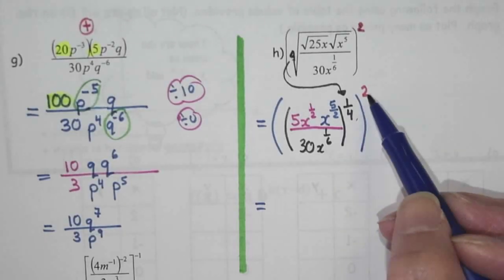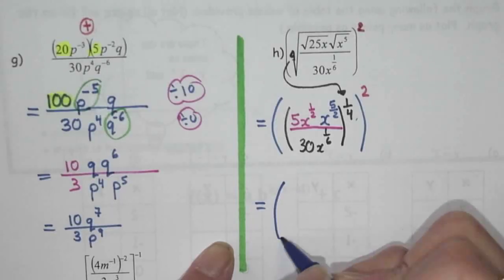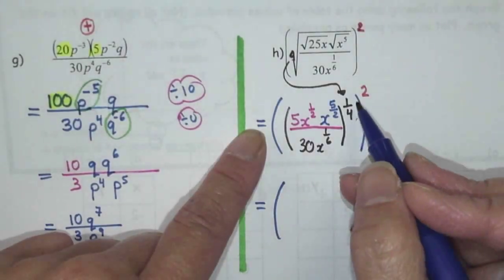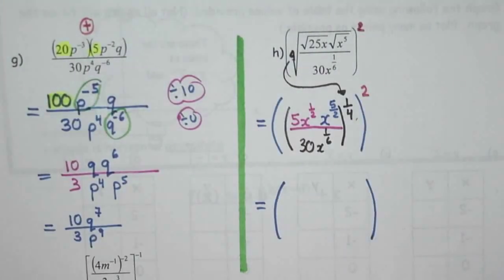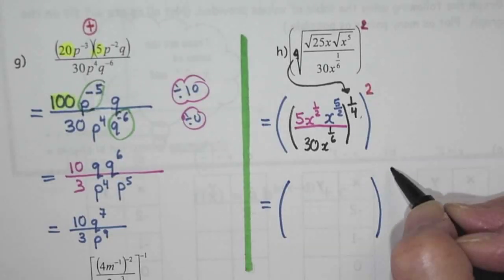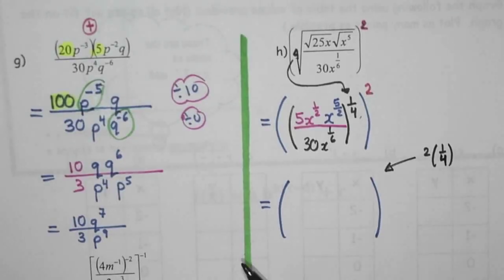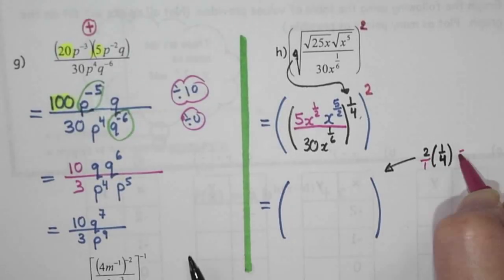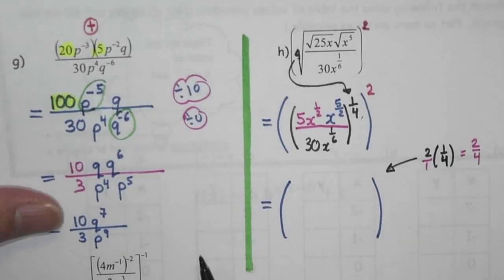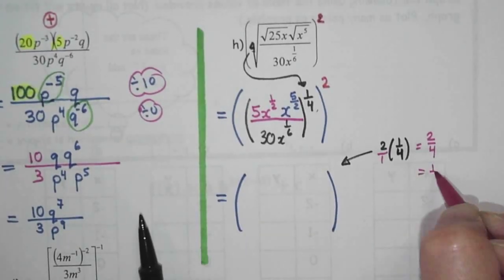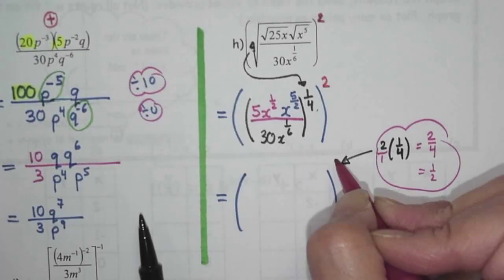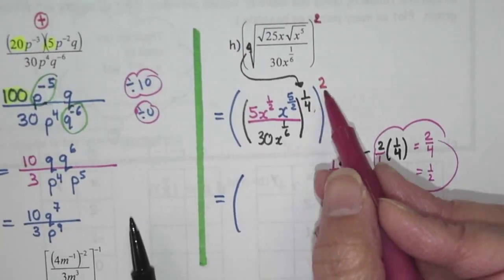Let's just do the 2 outside ones. 2 times 1/4, that's over 1, and that gets me 2 over 4, which reduces to 1/2. So yes, I would like you to do 1/2 there.